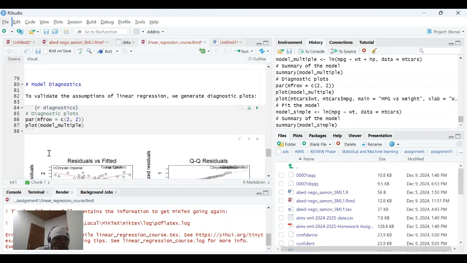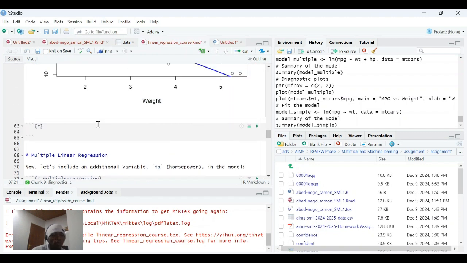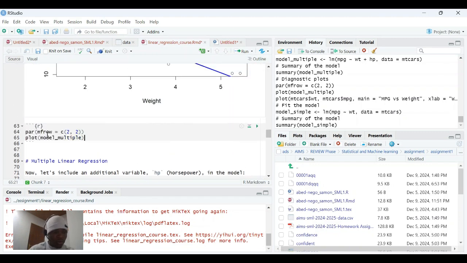We can just come here and do par(mfrow = c(...)).